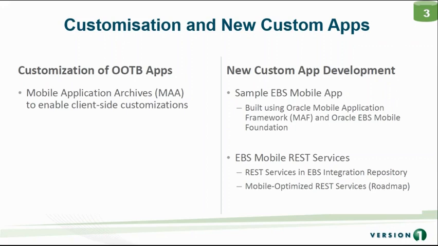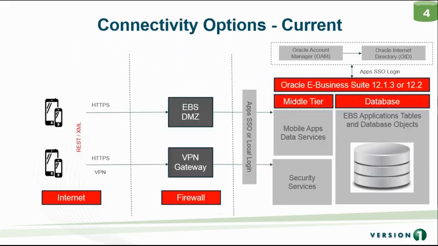Which brings us onto the next topic, which is security. A question most organizations are likely to ask is, well, what happens if a user loses their device? Apart from any inherent device security such as passcode or fingerprint locking, Oracle provides two methods for a mobile device to connect securely to an eBusiness Suite instance.